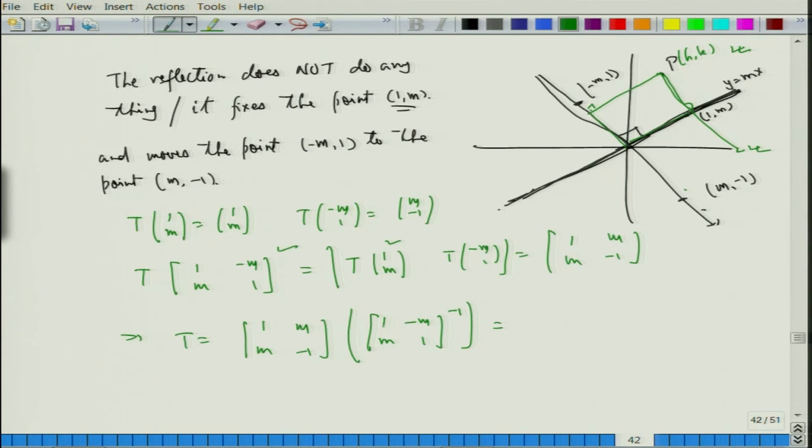Look at this: the determinant of this matrix is 1 plus m squared, so 1 upon 1 plus m squared comes into play, fine. Then it is [1 m; -m 1] times the inverse. What is the inverse of this? The idea is that it should be the identity if you multiply it with this.